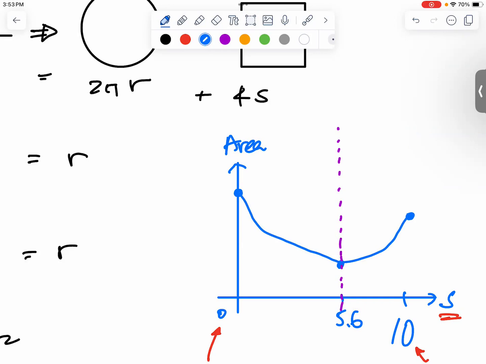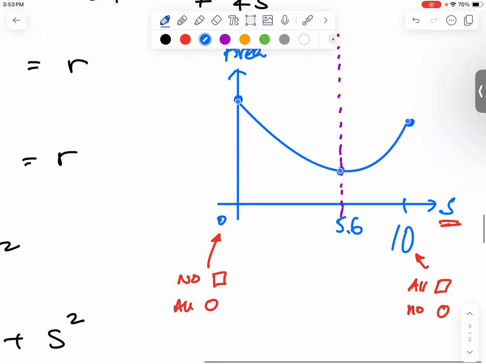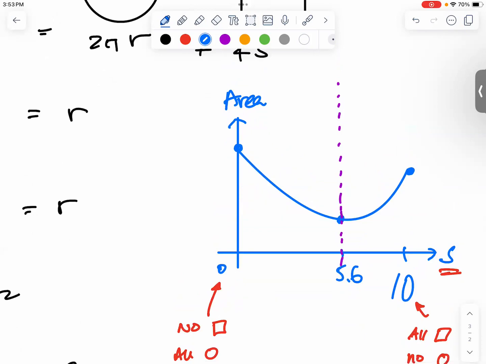Okay, or maybe I can draw a better parabola like this. Yeah, it'd be more like this. Okay.